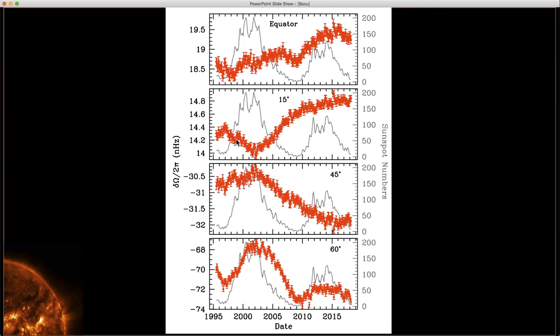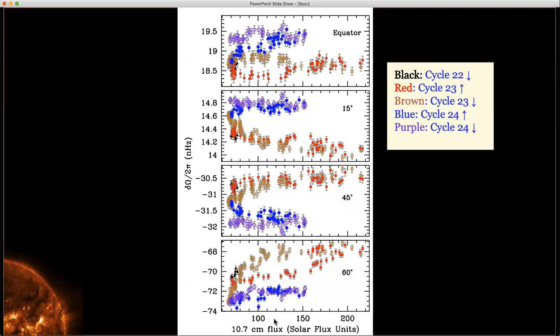And what you see is that the change over the two cycles is not the same at different latitudes. So my question then is this: are we seeing a magnetic cycle rather than a solar cycle? Will cycle 25 bring this branch upwards again? The other thing is talking about fundamental changes in the sun. I can plot these changes as a function of an activity proxy, in this case the 10.7 centimeter flux.